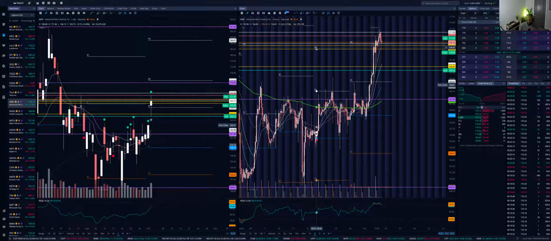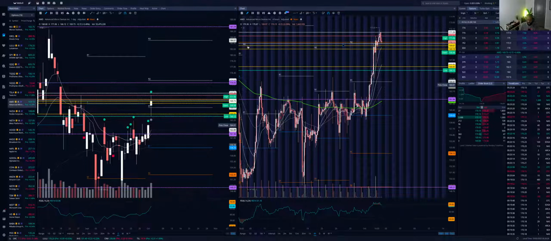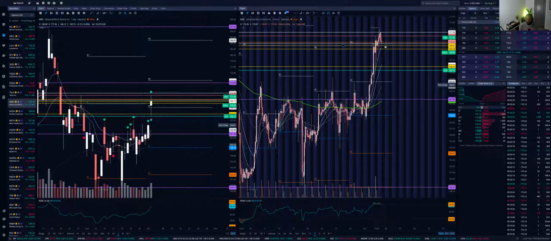So you see where you see R2 and you see another R2. These are pivot levels that could potentially be support today. So we need to watch out for that. So the short might look good, but the reward of profit is not really there when it comes to AMD. All right, cool.